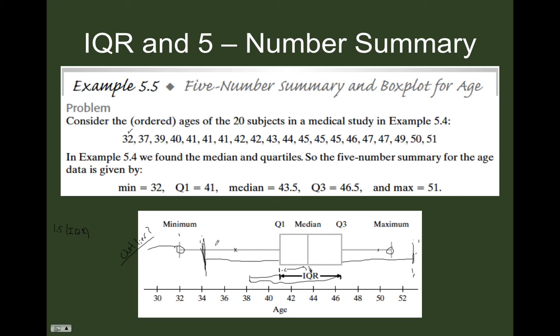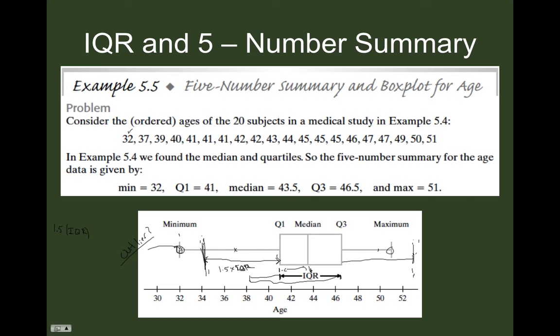Again, I want to clarify that the distance I'm talking about here, from Q1 to this boundary, is 1.5 times the IQR. It's a rule, it's just a convention, okay?